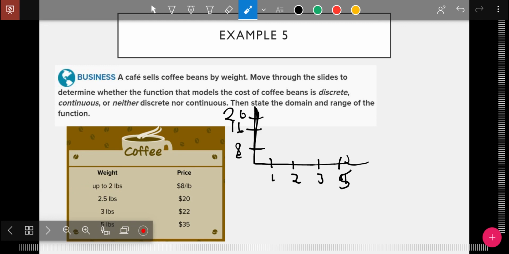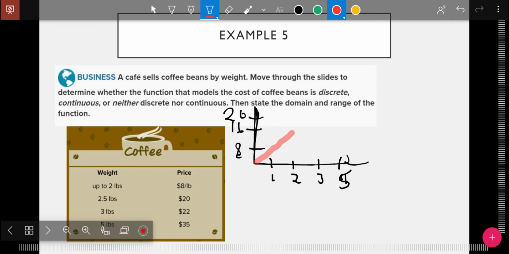It says up to 2 pounds, $8 a pound. I don't know why you would walk in and ask them how much 0 pounds of coffee is, but 0 pounds of coffee would be $0. And assuming they'll sell you any amount of ounces from 0 all the way up to 2, it's just going to be a straight line at $8 a pound. Now, once you get to 2, though, they're no longer going to pour it into a bag. At 2, they're going to say, hey, we're going to give you a deal.